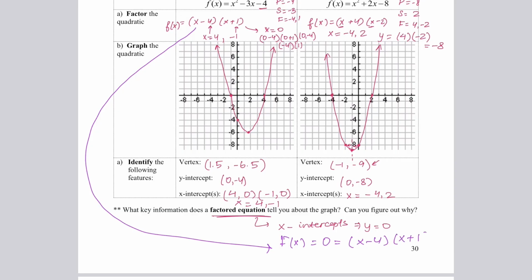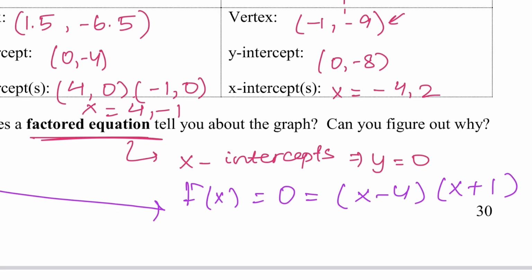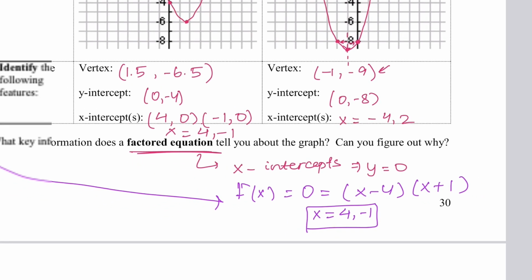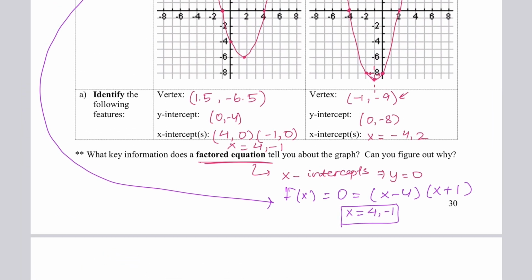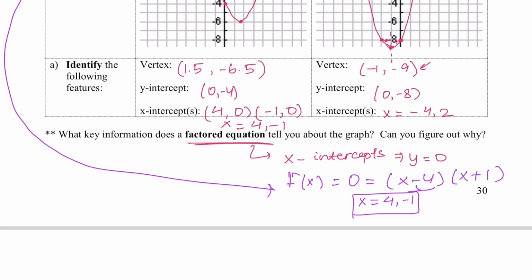So either x minus 4 can be 0 or x plus 1 can be 0. So x is equal to 4 and negative 1. Okay, that's how you can figure out your x-intercept. You're basically reversing the sign, so the negative 4 becomes positive and positive 1 becomes negative 1.